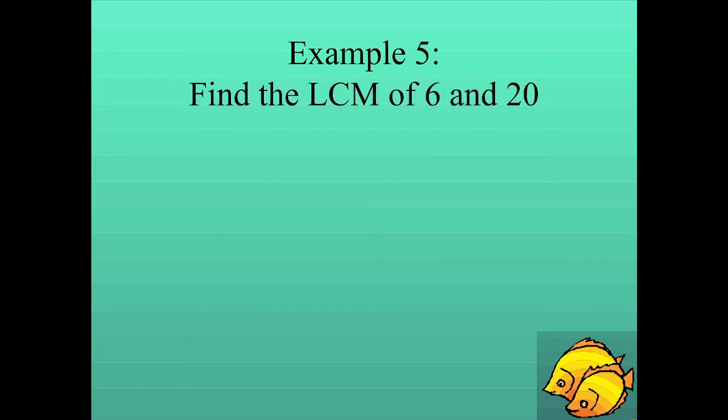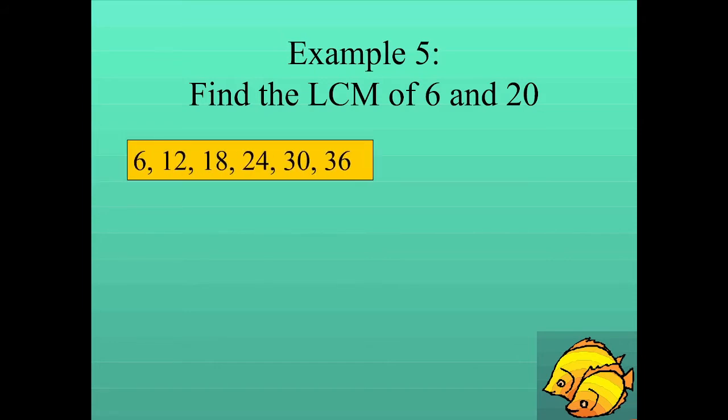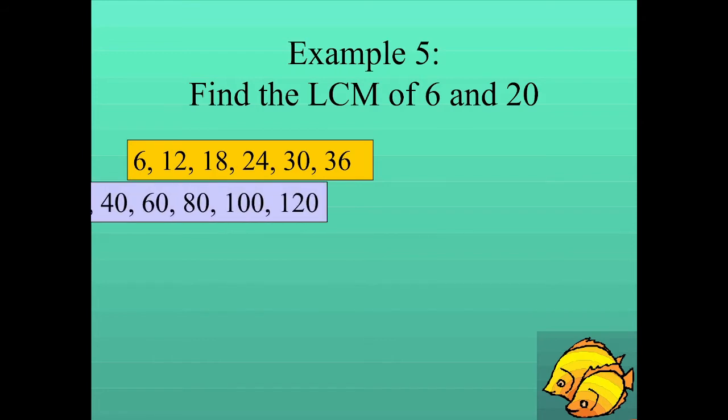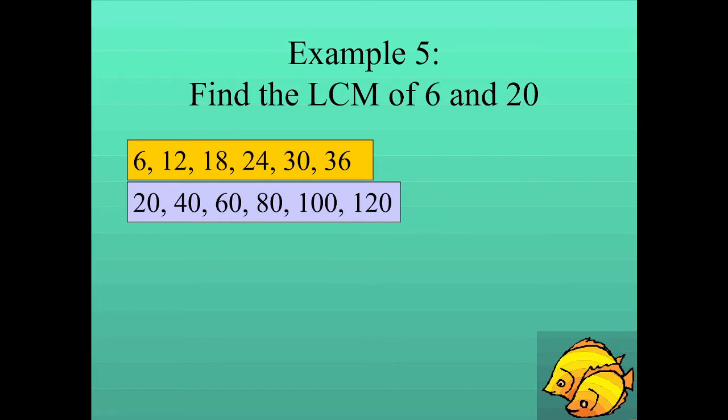Let's have another example. What about the LCM of 6 and 20? Let's list down the multiples of 6: 6, 12, 18, 24, 30, 36, and so on. What about multiples of 20? 20, 40, 60, 80, 100, 120.